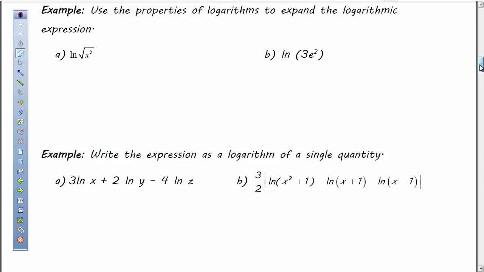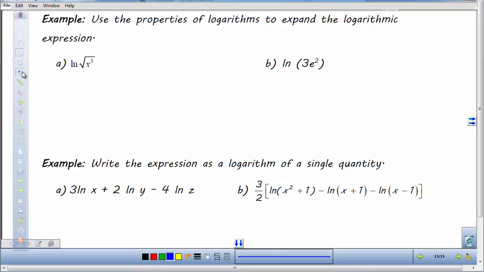Okay, down here, we've got more properties of logarithms to expand the expression. Nothing in particular, no value that we're trying to get, but we want to be able to expand it. So I would rewrite this first as the natural log of x to the 5th to the 1/2. And so we could write that as what?